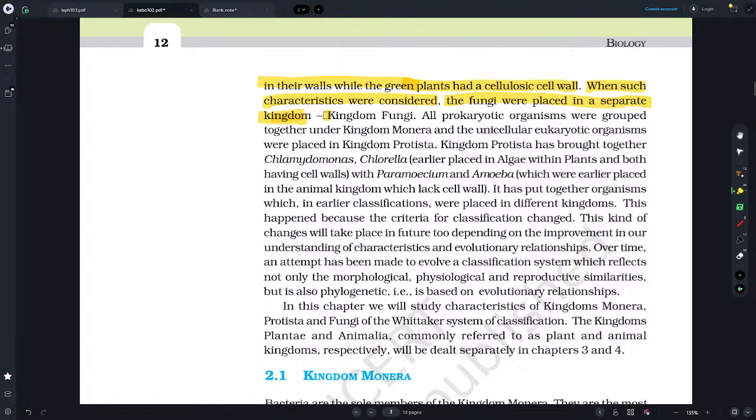And the shell is actually called a frustule. The two overlapping shells are what we call a frustule.